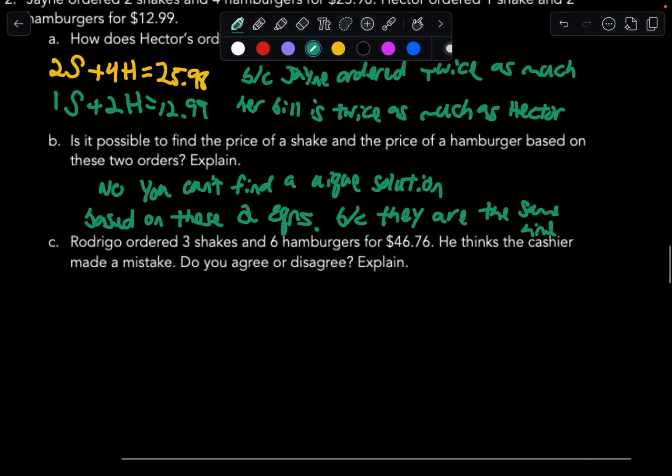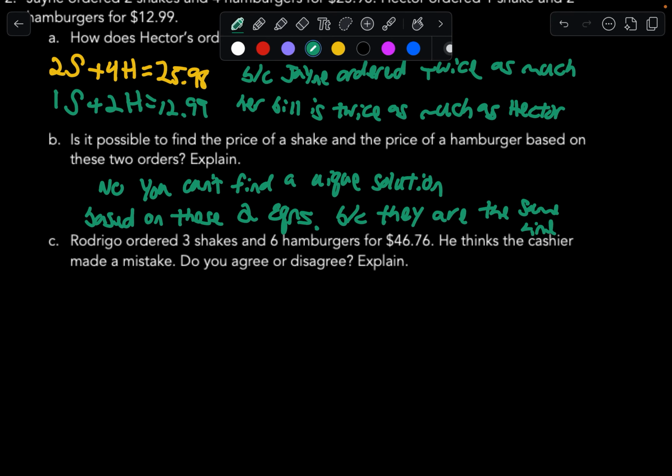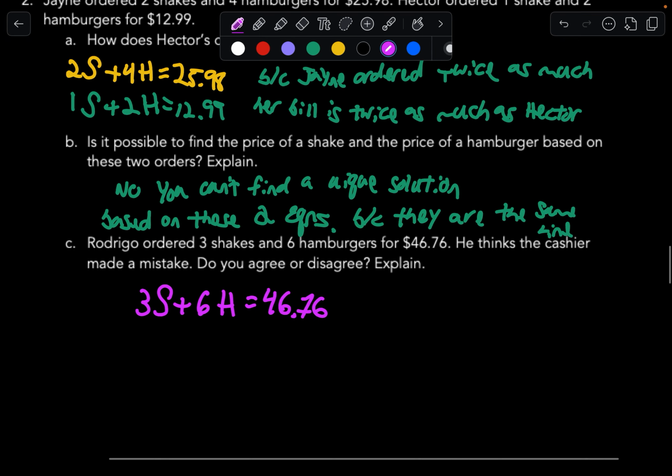Okay? Rodrigo ordered 3 shakes and 6 hamburgers for $46.76. He thinks the cashier made a mistake. So Rodrigo had 3 shakes plus 6 hamburgers and was charged $46.76. All right?